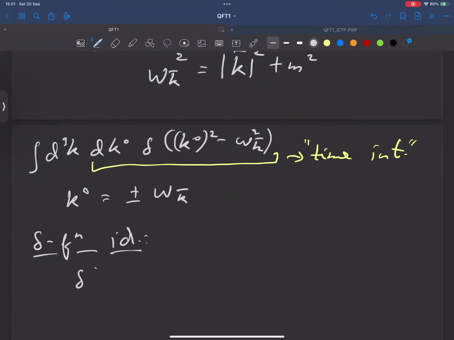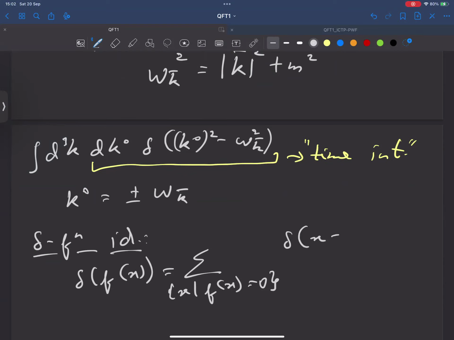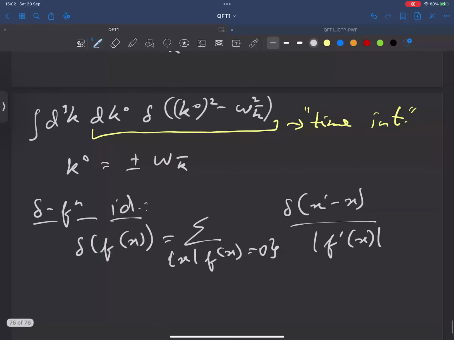So the identity is this, that you evaluate the delta function on a function f(x), then you sum it up over all x's where the function is 0, and it gives something like this, delta of x prime minus x over f prime x.